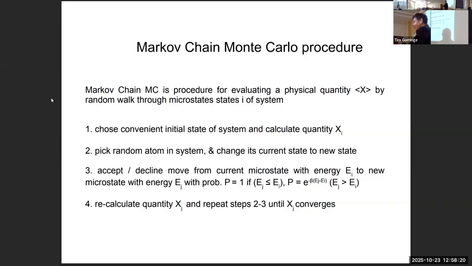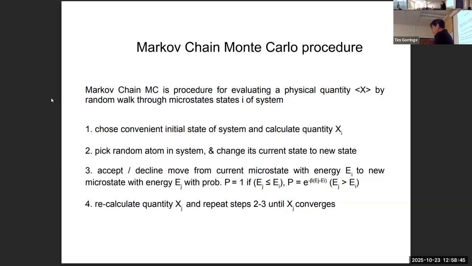In the last class, we picked an atom at random from the collection of atoms, tried to raise or lower its energy, and accepted or declined that change based on a Boltzmann factor. We're going to do the same here.